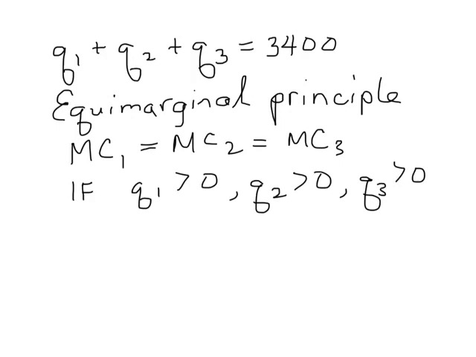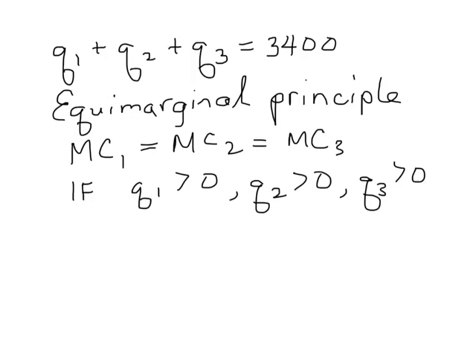So if you get something like that, it's either you made a math mistake or you just wouldn't want to use that method. All right, so why should the equimarginal principle hold? It's easiest to explain by talking about why you wouldn't be minimizing costs if it didn't hold. Let's say the marginal cost in method 1 was lower than the marginal cost of methodology 2. Then I can clean up one less unit with methodology 2 and one more unit with methodology 1, and I'll have the same amount of cleanup, but I will have lowered cost because I shifted from a relatively high cost unit cleaned up to a relatively low cost unit cleaned up.